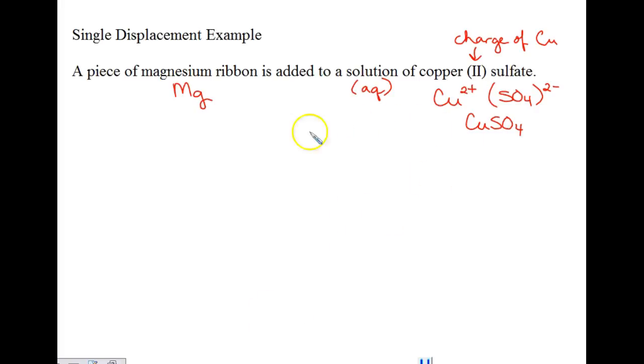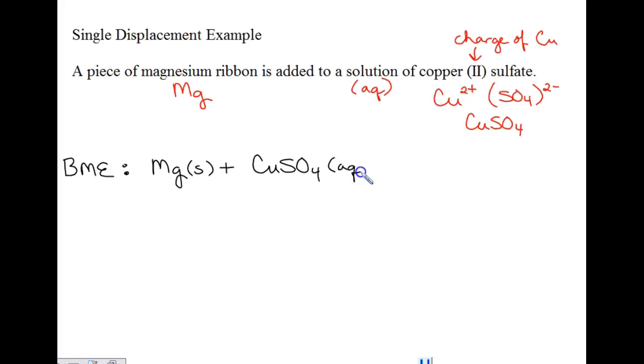Right, so now that we've got those, we can begin our balanced molecular equation. Now, magnesium is the elemental form, and in its elemental form, magnesium is a solid. And then we have our solution of copper 2 sulfate. And we have to predict the products of that reaction. Since this is a single displacement reaction, we have to consult the activity series.